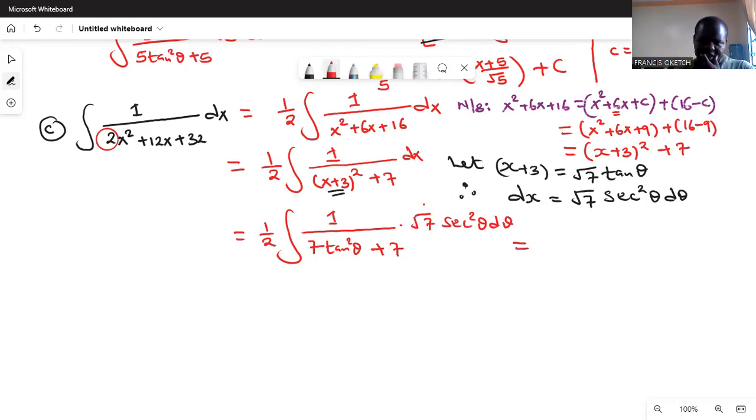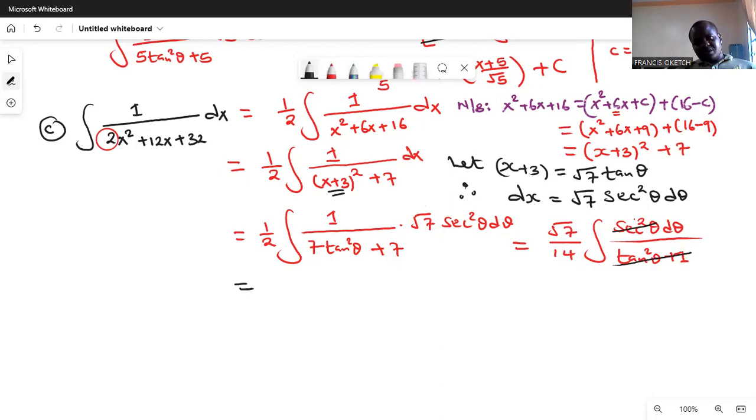If I simplify this, I factor out the constants and get root 7 over 14, and inside we have sec squared theta d theta over tan squared theta plus 1. And you know, tan squared theta plus 1 is the same as sec squared theta. So the whole of this will cancel with this. What do we remain with? We remain with root 7 over 14 times the integral of d theta.